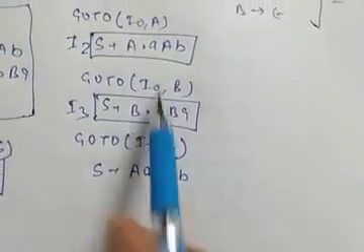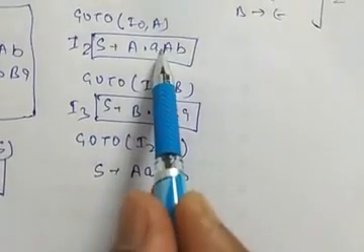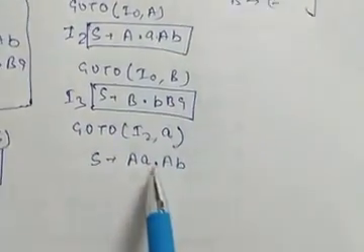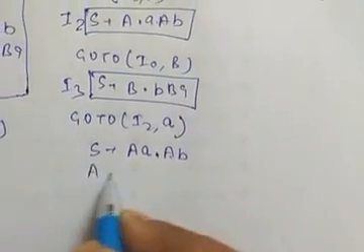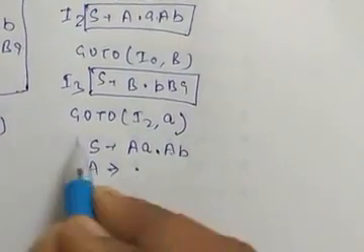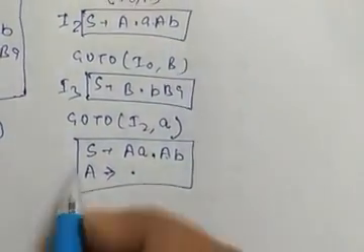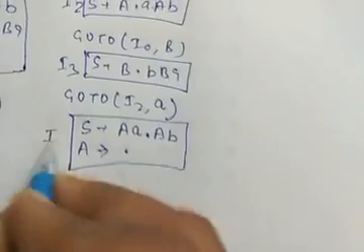Here after the dot there is a non-terminal, so we will put all the productions of A, which is A to epsilon, so A to dot, and it will become I4.